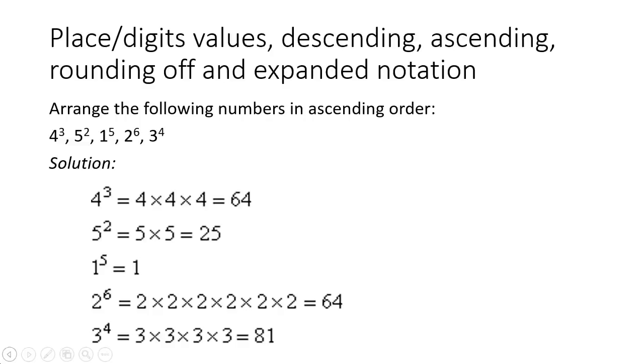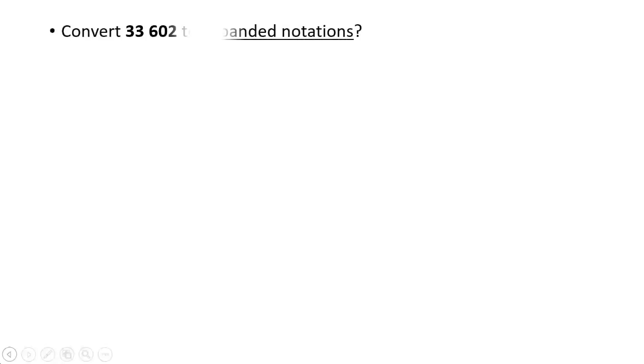Then 1 to the power 5 is 1. 2 to the power 6 is 2 times 2 times 2 times 2 times 2 times 2, 6 times, and that gives you 64. 3 to the power 4 is 3 times 3 times 3 times 3, 4 times, and that is equal to 81. Now if you have those values, 64, 25, 1, 64, and 81, then you can arrange them in ascending order, meaning from the smallest one to the highest one, and then you can get your answer.